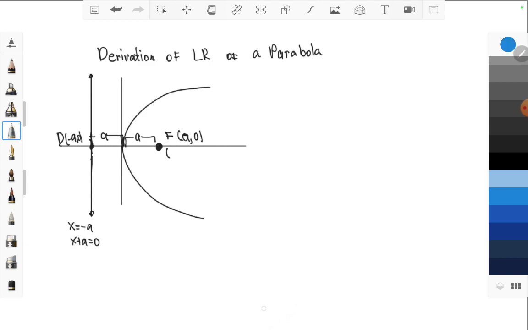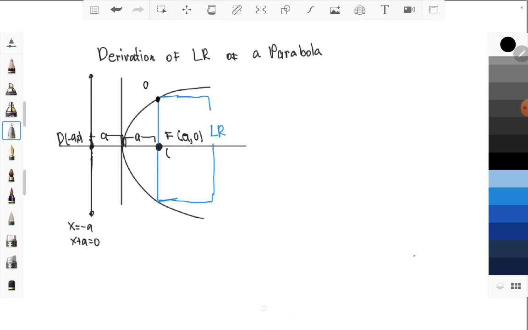Now let's locate the LR. Our latus rectum is this distance, which is equal to our LR. If I consider the first half of my parabola, and then use my reflection property later on, let's have this point from my focus.